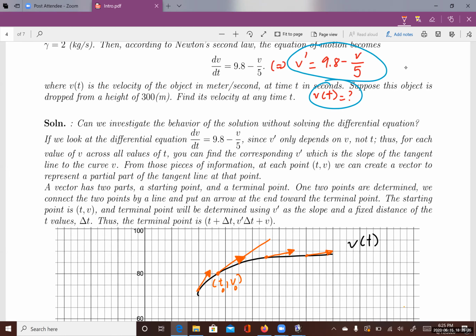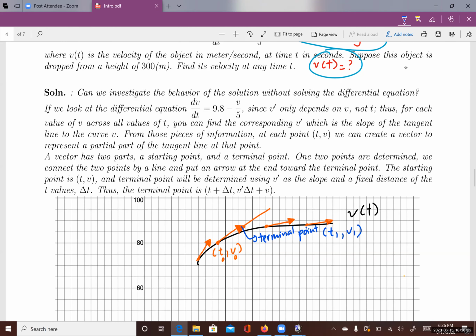All right. Now look at our equation. If we consider this is the starting point and I want to graph this vector, I need the terminal point, right? How can I find the terminal point? I call it (t1, v1).